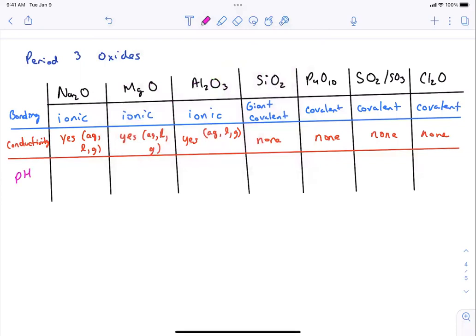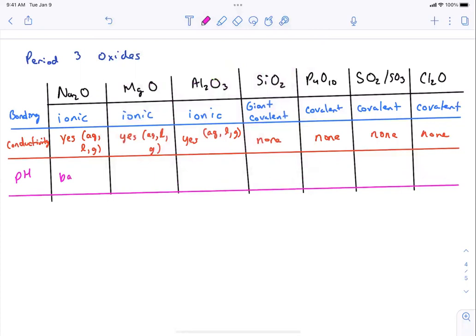The next one is pH. These end up being, actually, I'll just write basic. Al2O3 is amphoteric. SiO2 is slightly acidic.